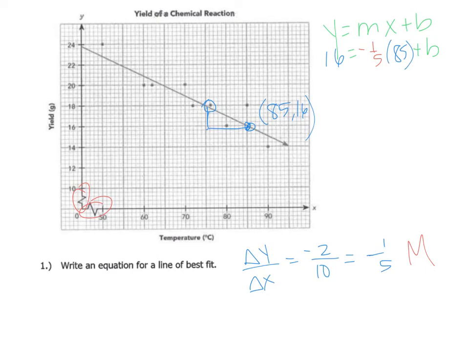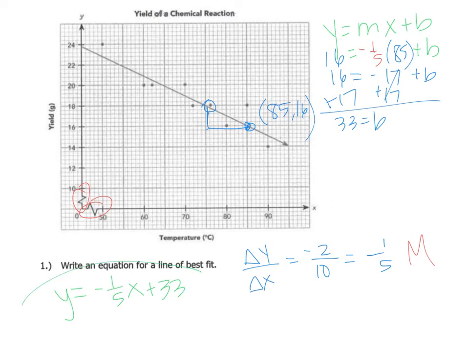So we take 85 times negative 1/5. 85 times 1 divided by 5 is negative 17, plus b equals 16. We're going to add 17 to both sides. 16 plus 17 is 33. So our b equals 33. Our entire equation is y equals negative 1/5 x plus 33. That is our equation for the line of best fit we were given.